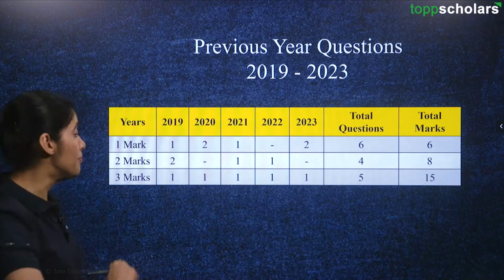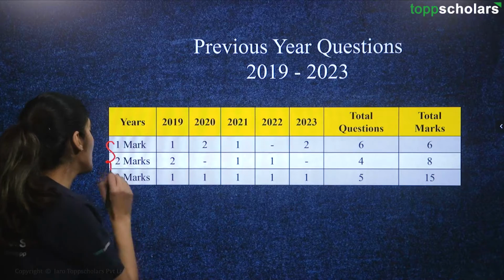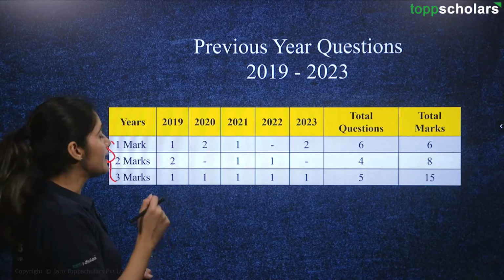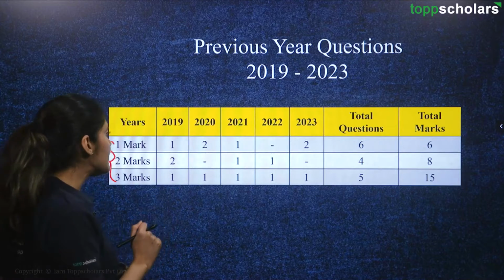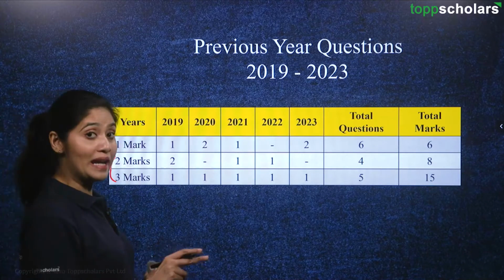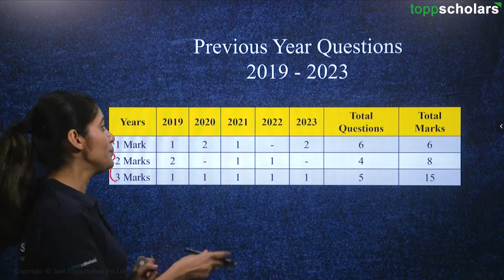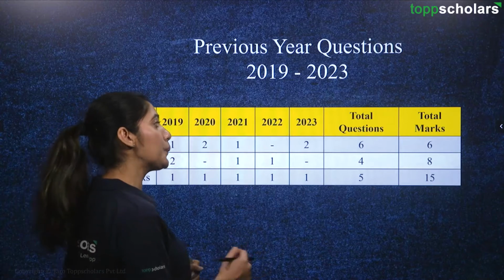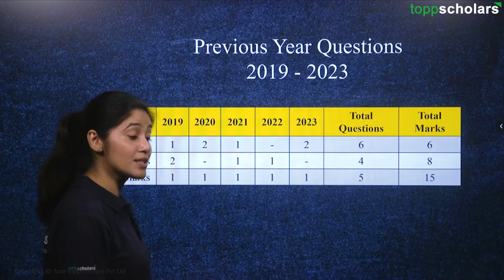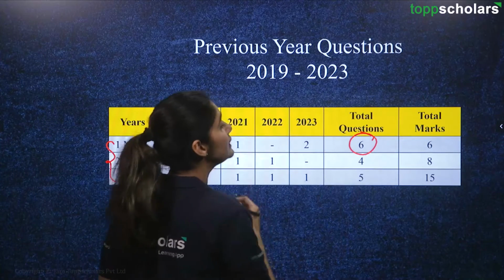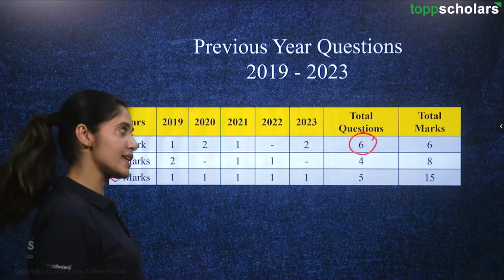Now we have marks from 1 to 3 from this chapter. In 2019 we had one 1-mark question, in 2020 we had two 1-mark questions, in 2021 again one question, and in 2023 we had two 1-mark questions. That makes a total of 6 questions carrying 6 marks.